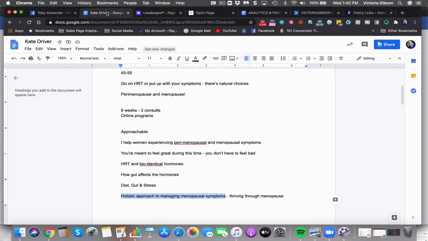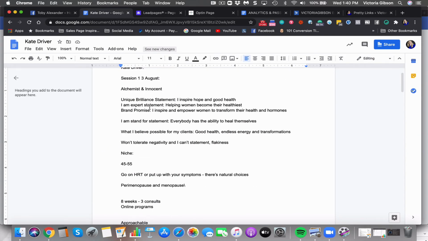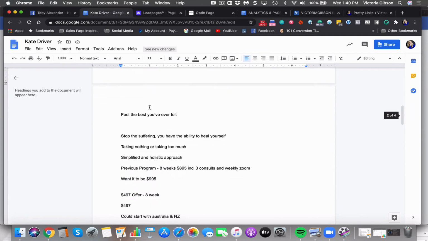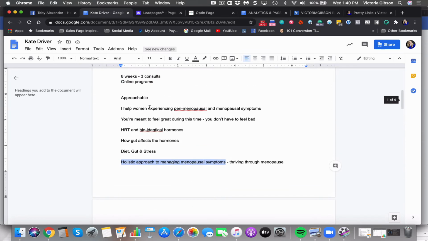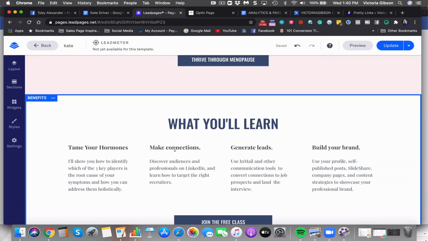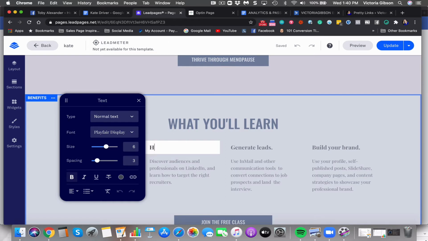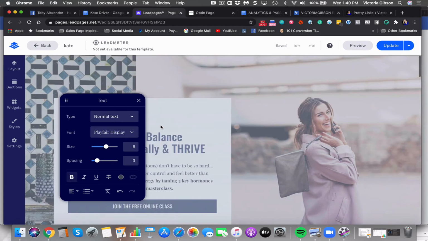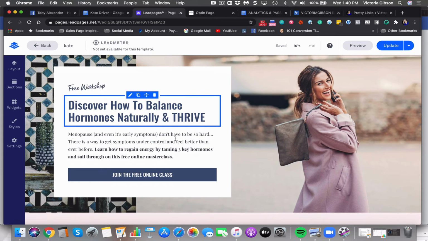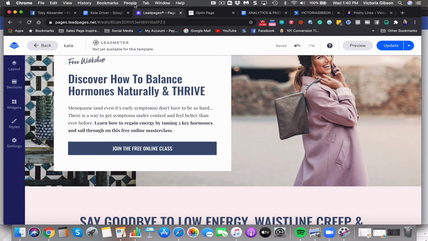And then we might go, what was the other ones that we had? I thought we had 3 outcomes. How the gut affects your hormones is probably a good one there. Eat. We had some other things saying eat. What's the other one? What did I have up here? Oh, it was in her other page, actually.